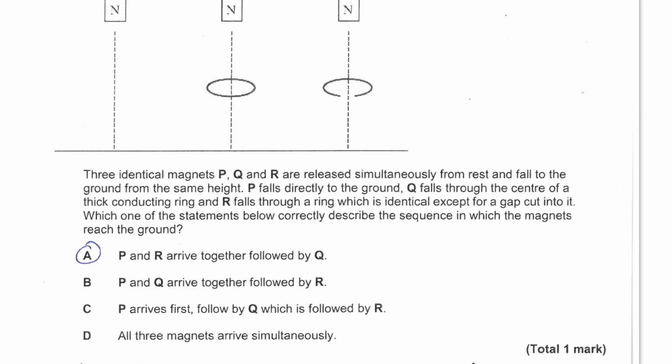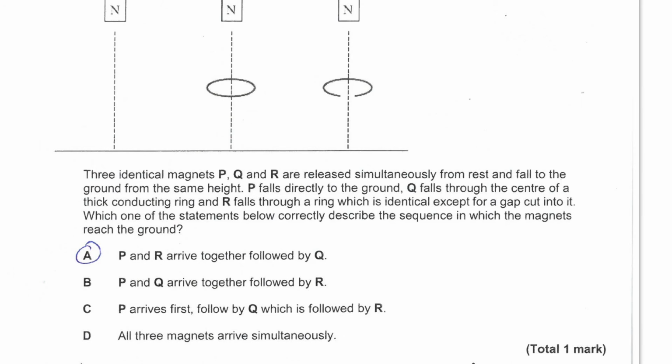You are asked which of the statements below is correct in terms of the sequence in which the magnets reach the ground. So this is really an application of Lenz's law.